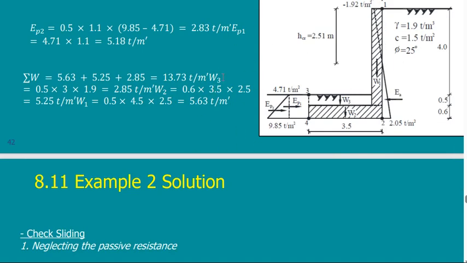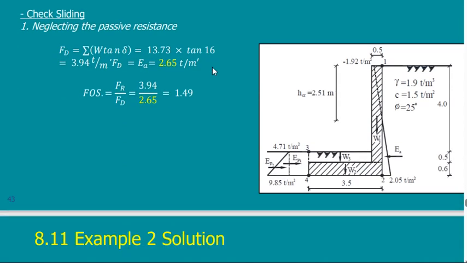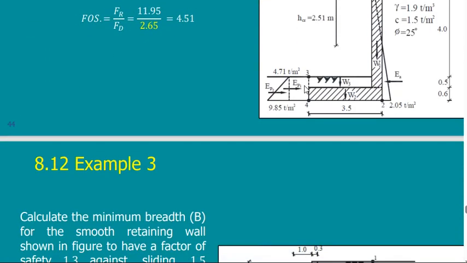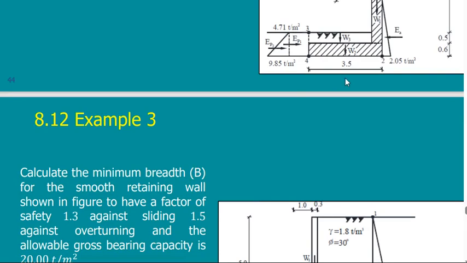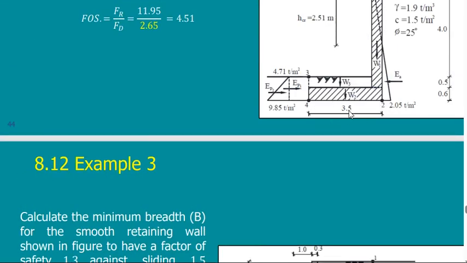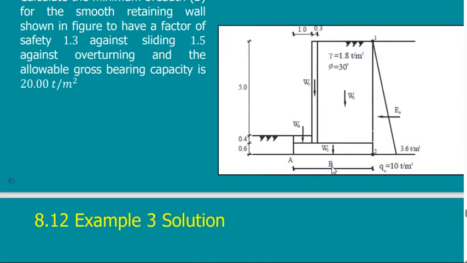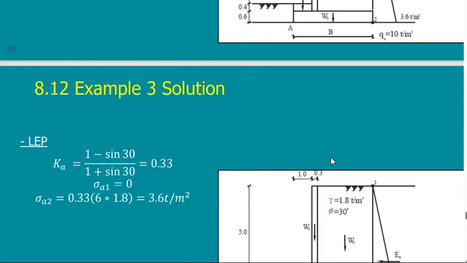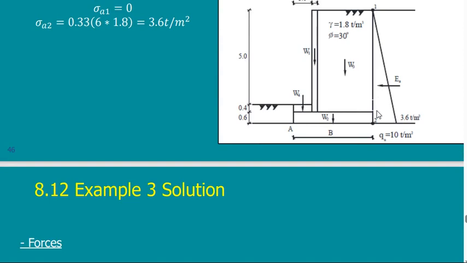Just see these 3 examples. They are very important. What is important in the third example is that I just removed this 3.5 meter and told you it is B, design. Give me a design that would satisfy a factor of safety. That's all what is required from you. So usually we do this for a very simple case. No water table, no layers, just one layer, and maybe ignore the passive.